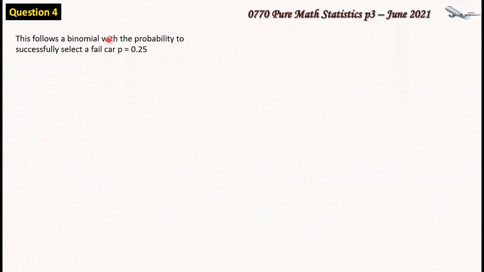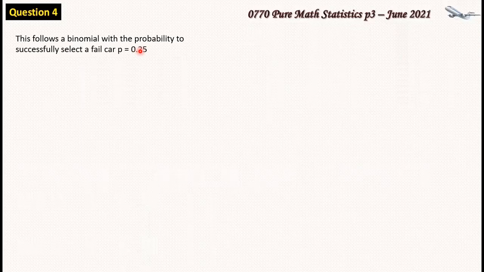Because that gives us the probability of successfully selecting a failed car. You have to take note of this statement. So that 1 in 4 is actually the probability of successfully selecting a failed car.